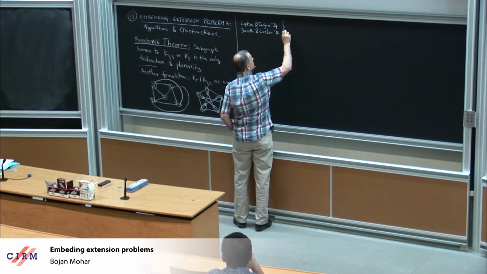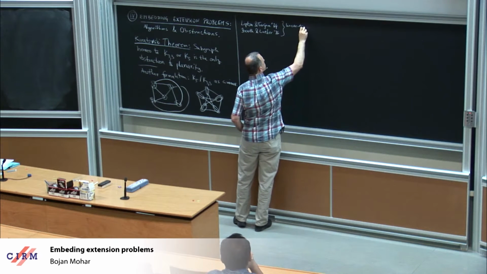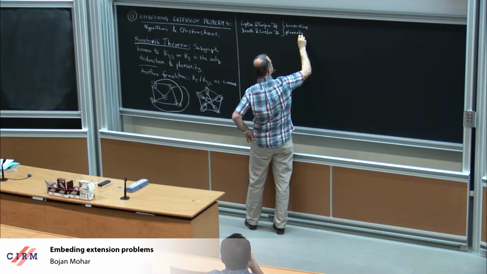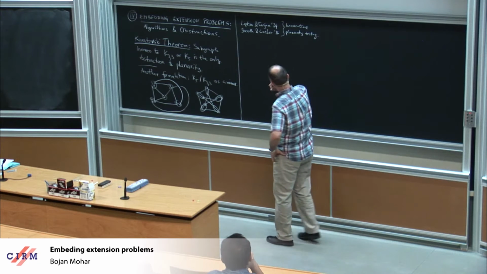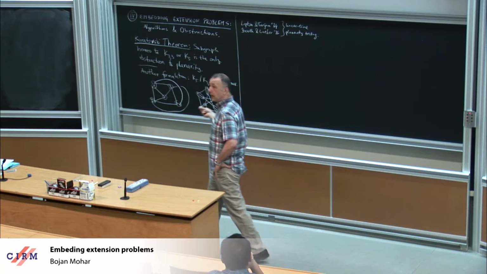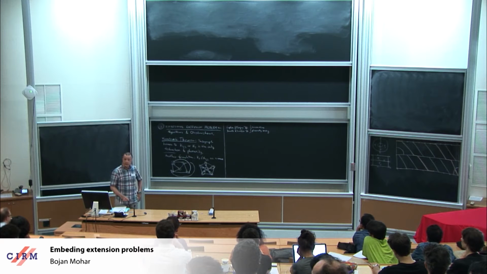So this would be linear time planarity testing. If a graph is planar, the algorithm answers in linear time, yes, the graph is planar.